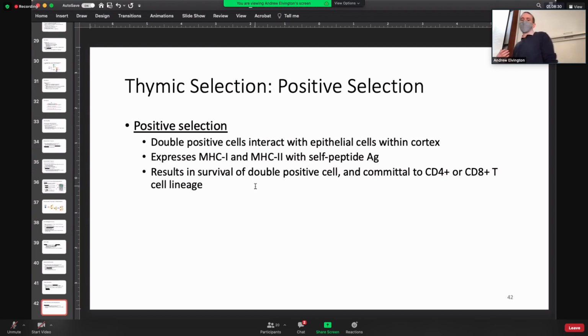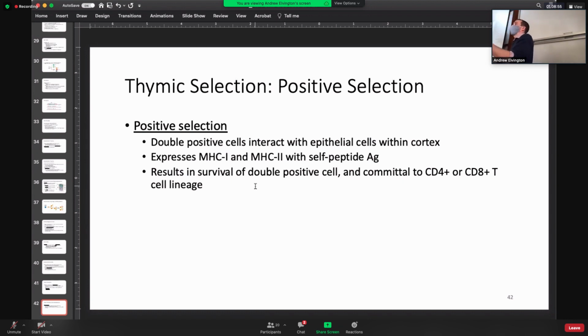So in positive selection, our double positive cells are going to interact with those thymic epithelial cells. Recall those thymic epithelial cells express MHC 1 and 2, and it has antigen in it. So what do you think the positive selection here is for? What event are we selecting?